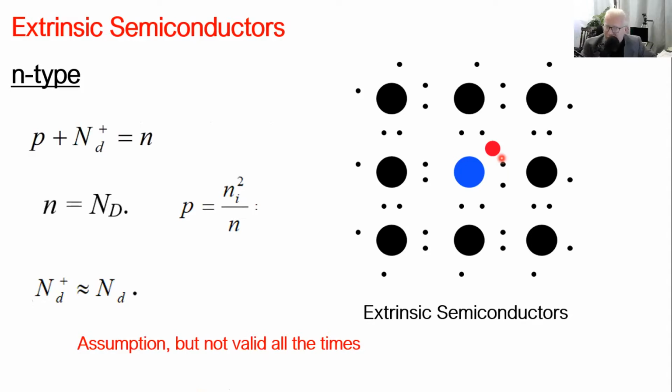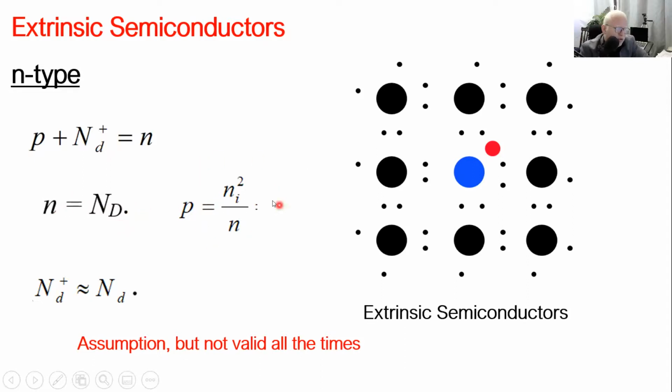In this case, if you remember, my dear students, because you did it either in the materials course or in the electronics course, we say that n equals N_D, which is the number of doping or donor atoms, and p, which is holes, applying the mass action law, equals n_i squared over n. So, for example, if you have N_D equals 10 to the power 15, then you have 10 to the power 15 electrons.